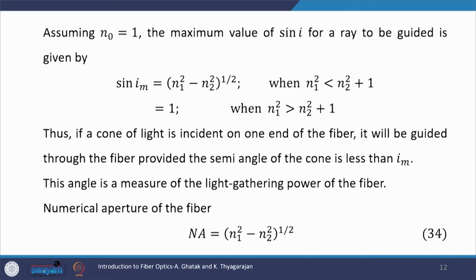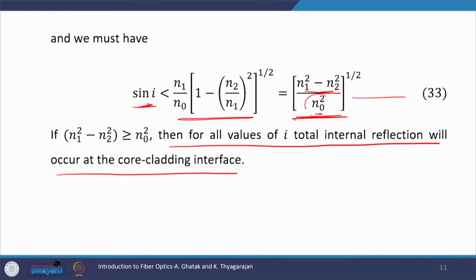Now, assume that n0, the outer medium, is air. In this case, the maximum value of sine I for a ray to be guided would be given by this expression. n0 is equal to 1, so we are only left with the numerator. Now, the maximum value of sine theta we know is equal to 1.